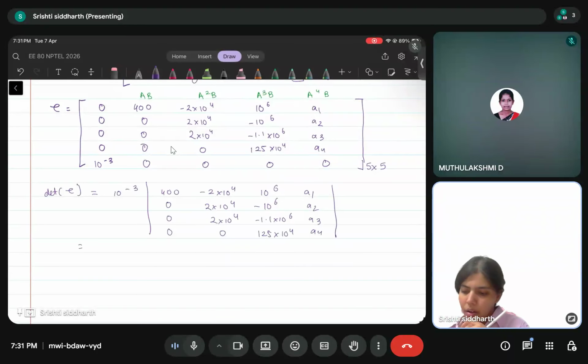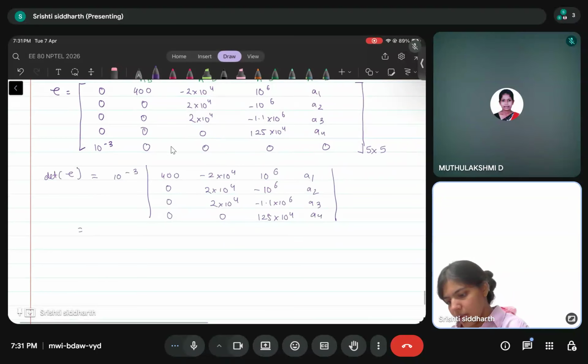Okay. And now let's expand along the first column again because the only non-zero entry is 400. So 10 to the power minus 3 into 400.